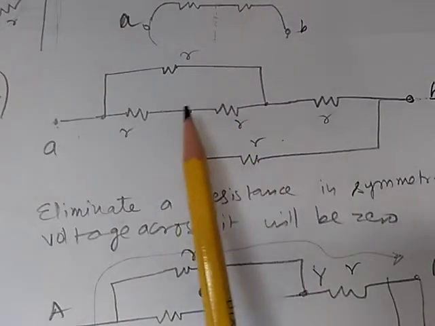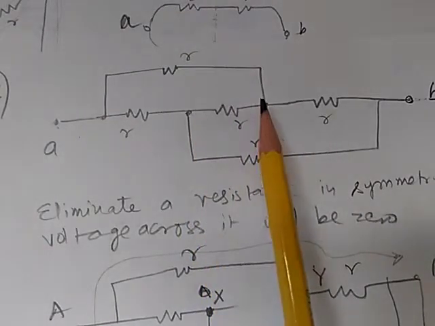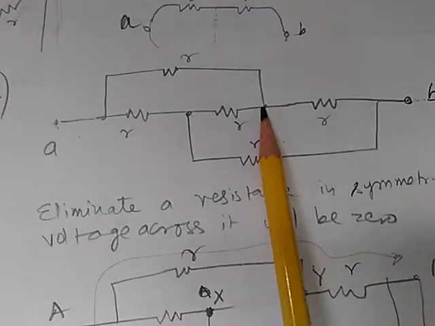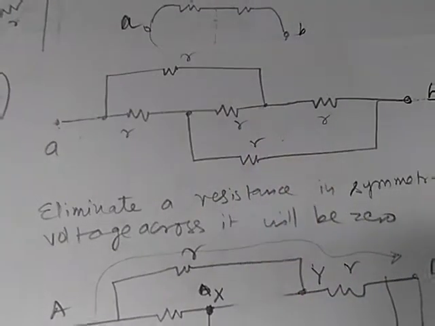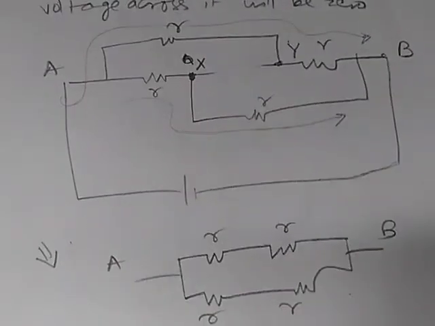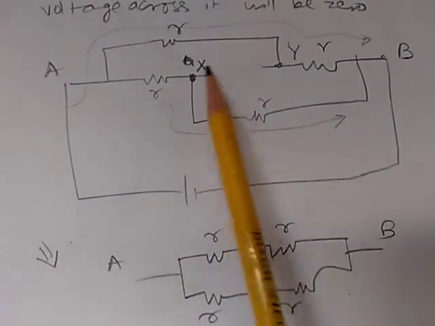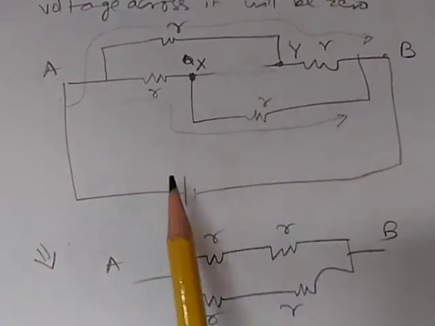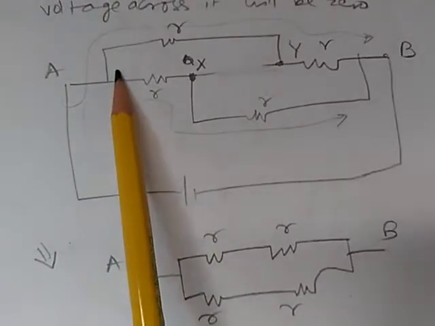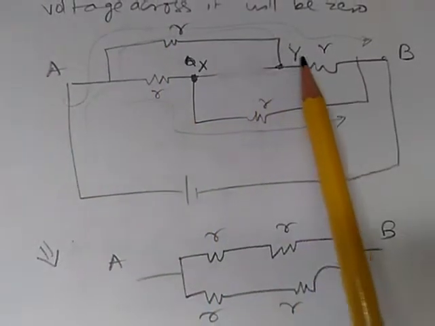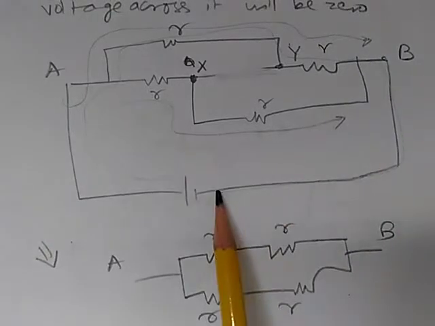Because of the symmetry, the voltage at this point is going to be the voltage at this point. To understand it more clearly, assume that this resistor is mentally removed. We have a current flowing from here, going into this resistor and returning to point B of the circuit.